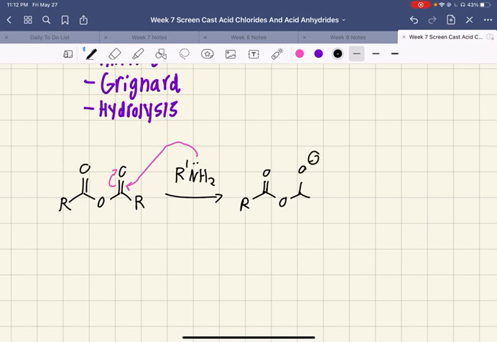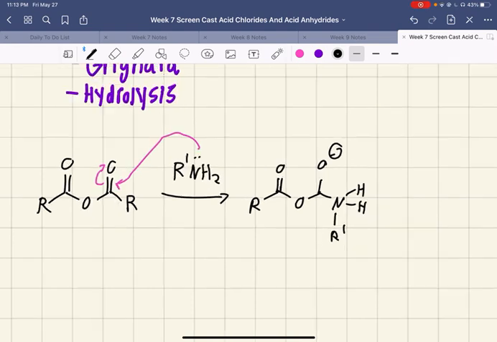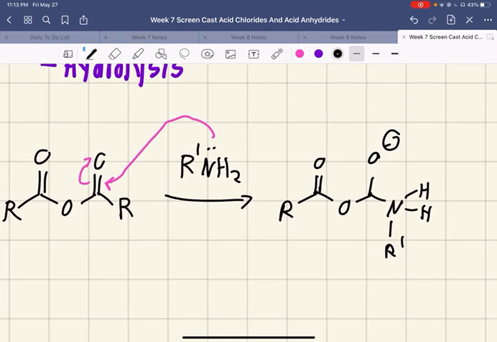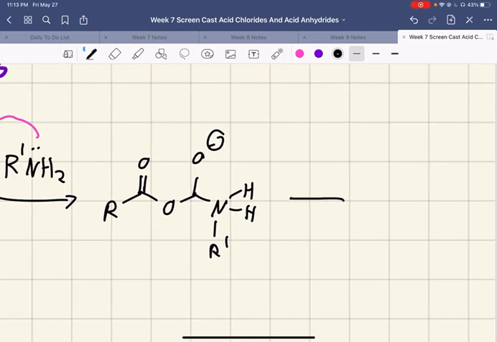Here we have H, H, R1. Just like how we mentioned in the carboxylic acid screen record, amines always have to have two equivalents in any reaction that they do.